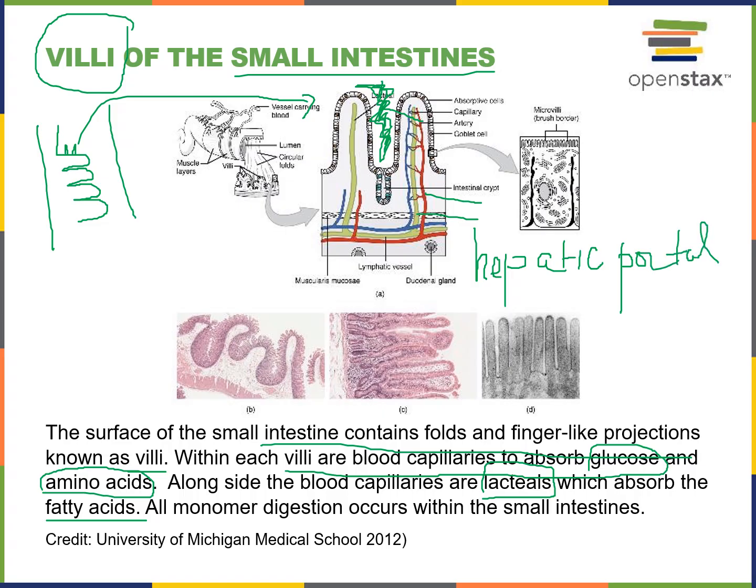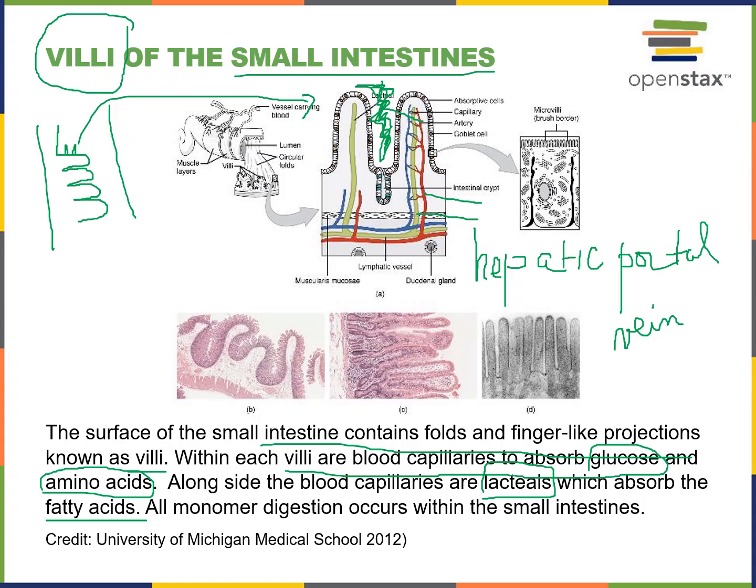The hepatic portal vein has the highest concentration of glucose after a meal. It also has the highest concentration of amino acids, assuming, of course, you had carbohydrate and protein in your meal.